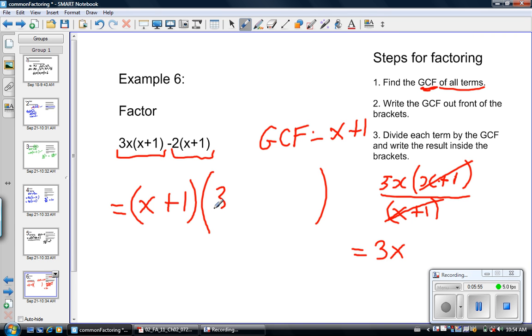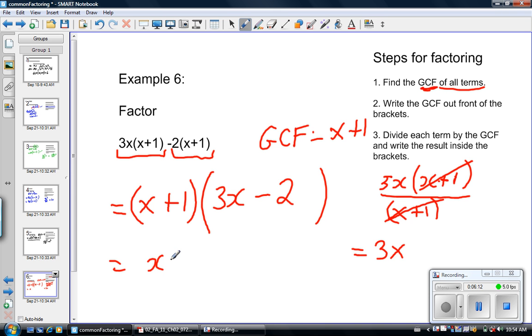So inside the bracket we get 3x, and similarly it would be minus 2 times x plus 1 divided by x plus 1. That's going to give us a minus 2. And then that's our factored expression, x plus 1 times 3x minus 2.